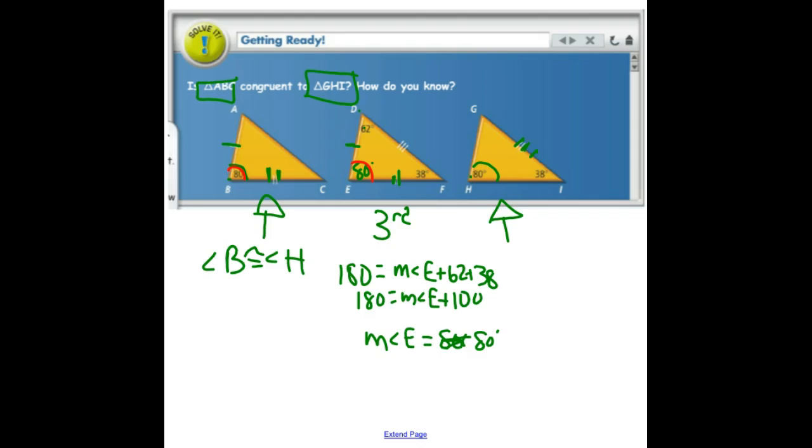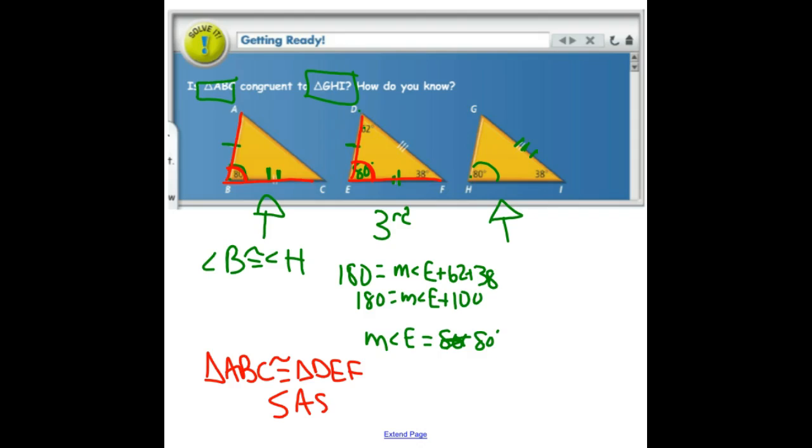If you look at that now, in triangle ABC you've got a side, and in triangle DEF you have a side that are congruent. Then they both have this angle of 80 degrees, and then they both have another side. Triangle ABC is in fact congruent to triangle DEF by side-angle-side.